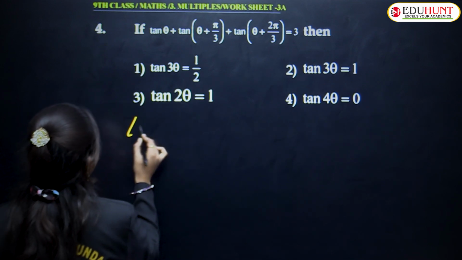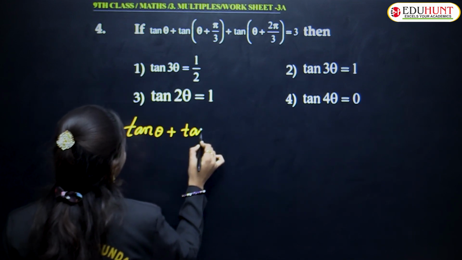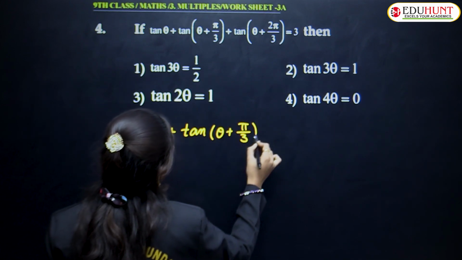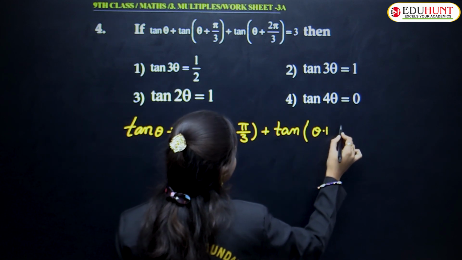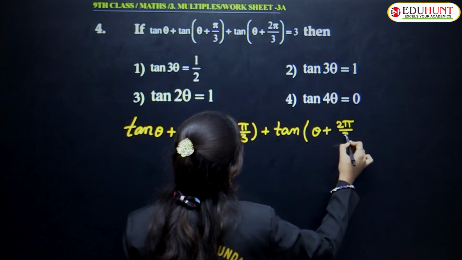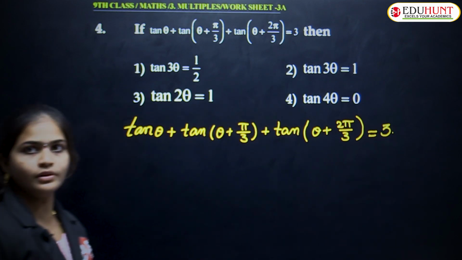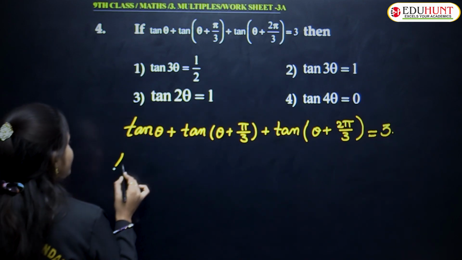So what is given here: tan theta plus tan(theta plus pi by 3) plus tan(theta plus 2 pi by 3), which equals 3. So first, tan theta as it is you have to write.